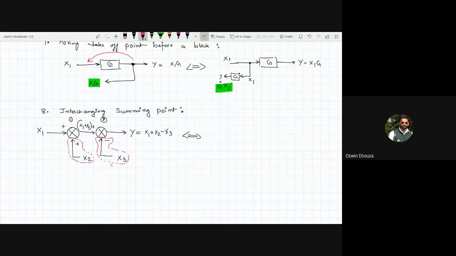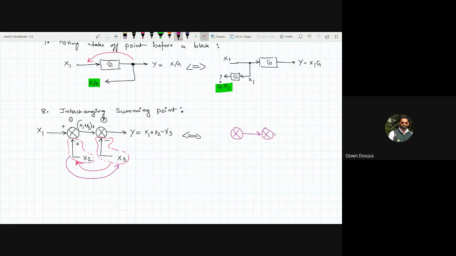So I am going to push this x3 to summing point 1 and push this x2 in place of it in summing point 2. When I do that, will I be able to get the same output? That is the point under consideration.